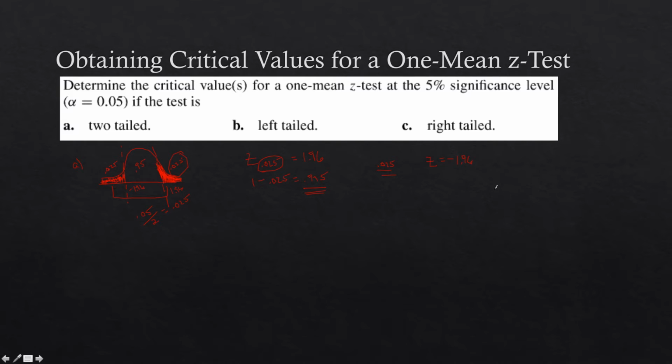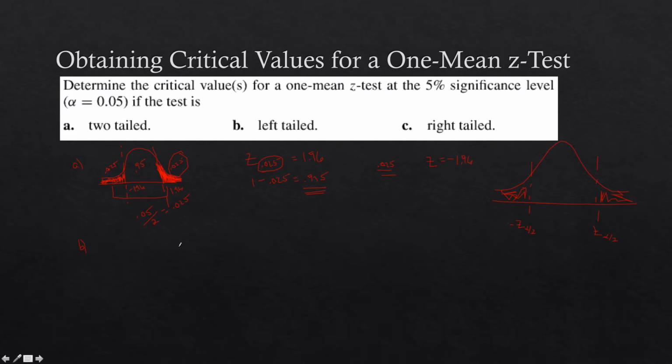For a two-tailed test, where we're trying to find the critical value, like we did here, we generally say that this critical value is negative z sub alpha divided by 2, and this critical value is positive z sub alpha divided by 2. Now that's for a two-tailed test.